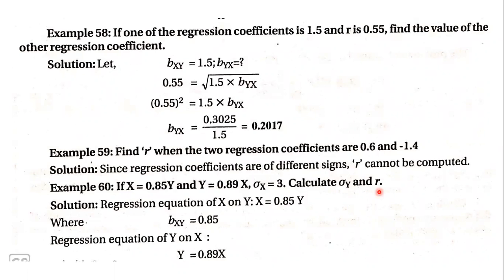So firstly, we will take this equation. This is nothing but x on y. When you have x first, it is x on y. When you have y first, it is y on x. So we have the regression equation given, that is x on y, x is equal to 0.85y.